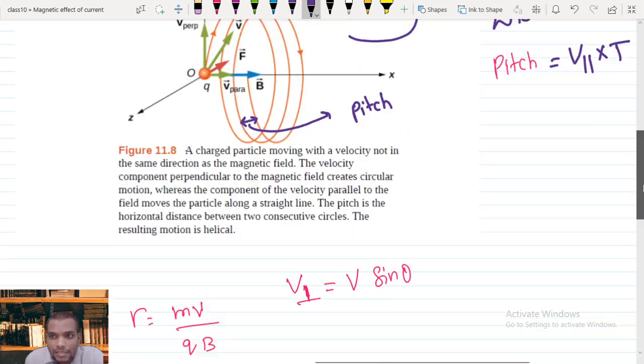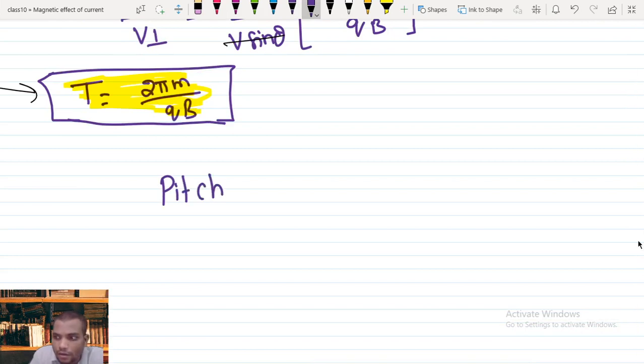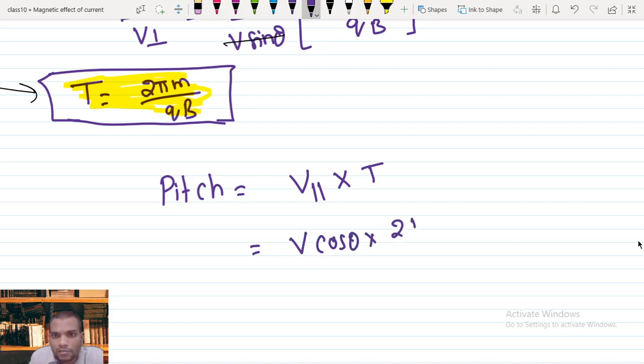Now that is my next step. Pitch equals the parallel component of velocity times the period of revolution T. So here the parallel component equals v cos theta, times the period of revolution, which equals 2 pi m upon qB.